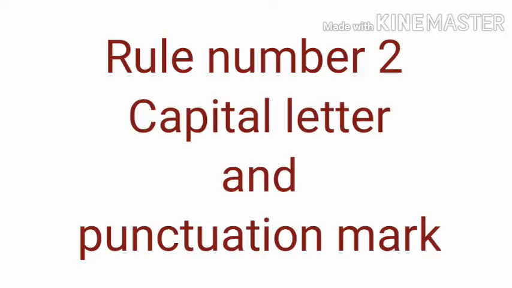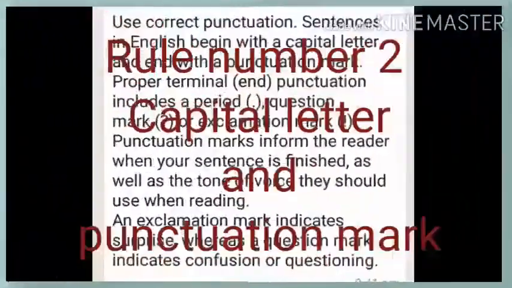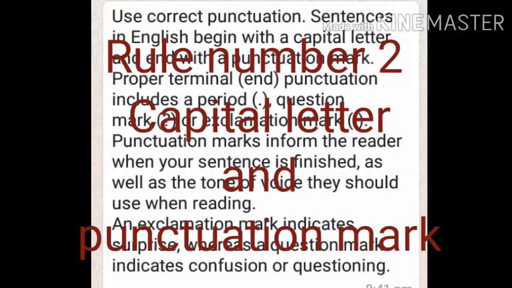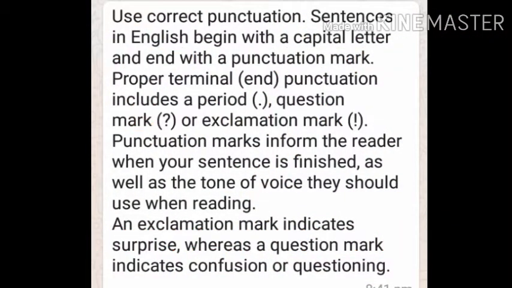The second important rule is a sentence should begin with a capital letter and end with a punctuation mark. Use correct punctuations. Sentences in English begin with a capital letter and end with a punctuation mark. Proper terminal punctuation includes a period, question mark, or exclamation mark.